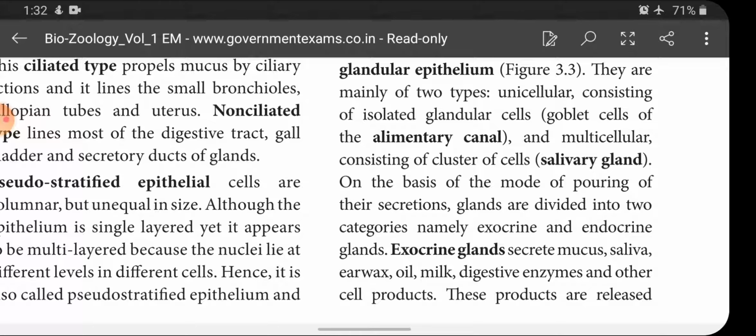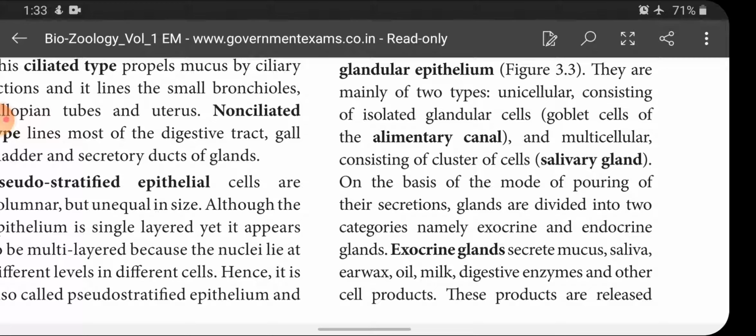So this glandular epithelium is of two types: one is unicellular, another is multicellular. Goblet cells of the alimentary canal are an example of unicellular glandular epithelium, and multicellular glands, which are present in clusters, are found in the salivary gland. So these are the two types of modified forms of glandular epithelium of cuboidal and columnar cells.